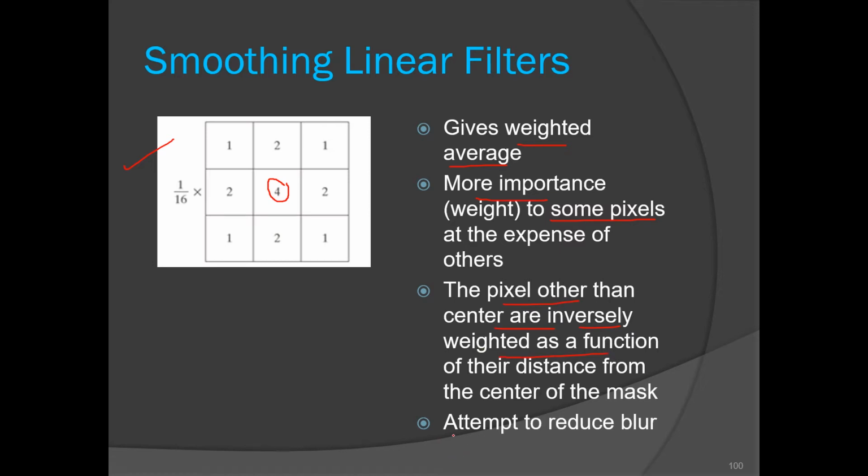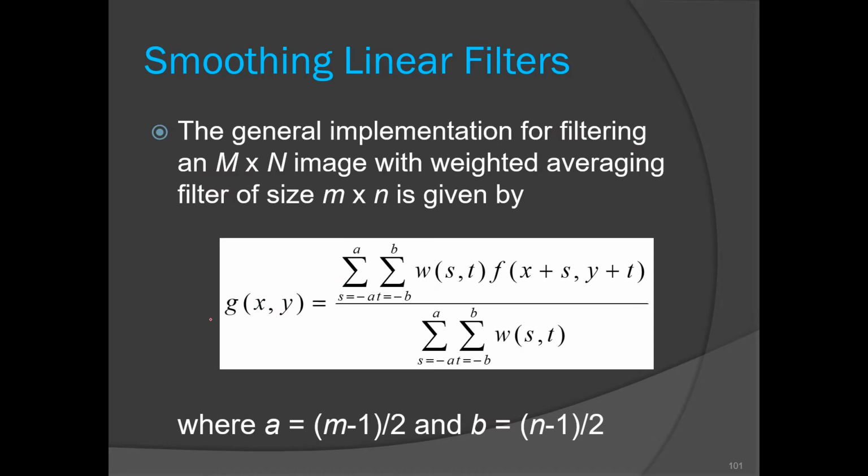Here we are trying to reduce the blur effect. We will achieve the smoothing, but blurring will be less in this filter. This is the general expression of the smoothing filters. The operation is the same, which is divided by the sum of the weights of the filter.